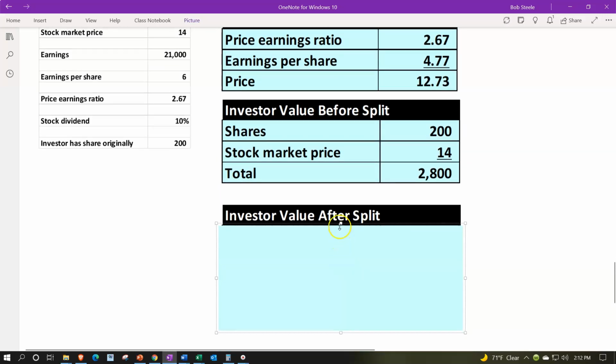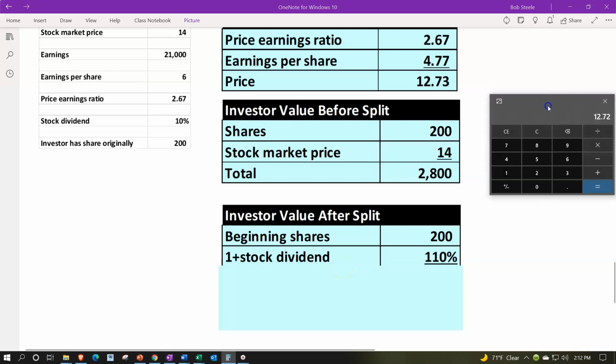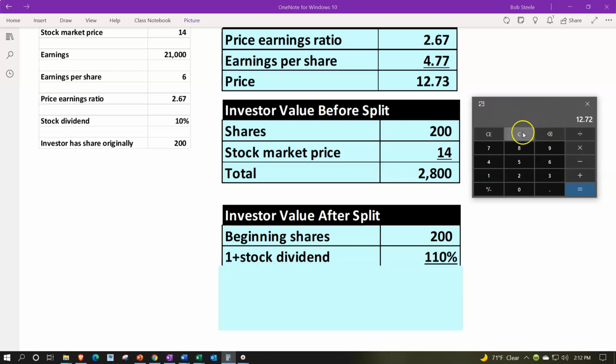What happens after the split to our investor that had 200 shares? Well, they had 200. Then there was a stock split that happened that we've been talking about this whole time. And it meant that the 200 shares times the 0.1, 10%, added another 20 shares plus the 200 would give us the 220.